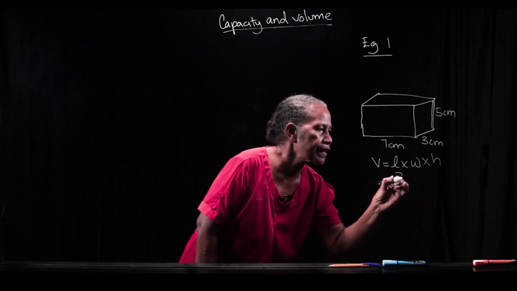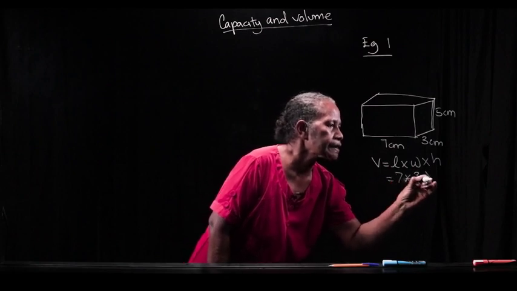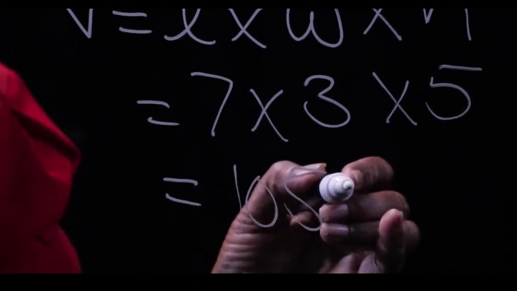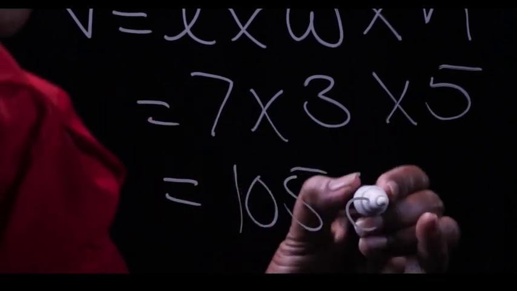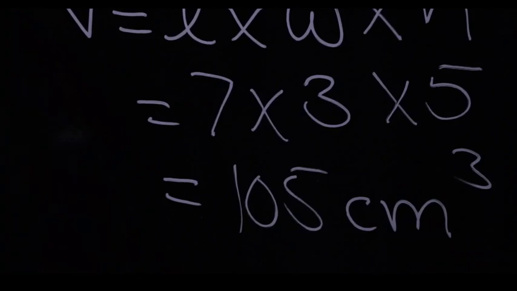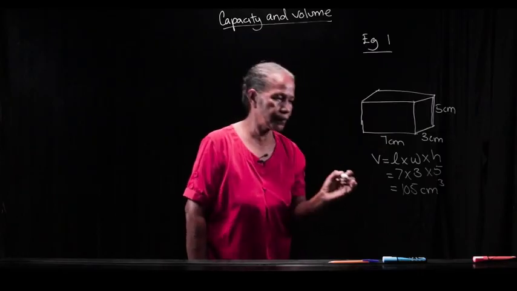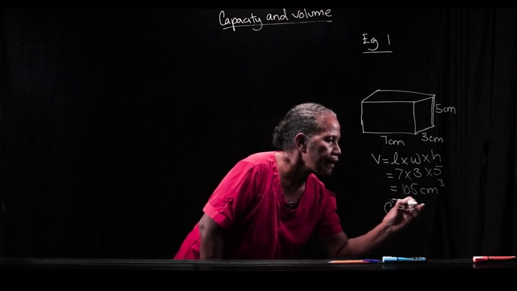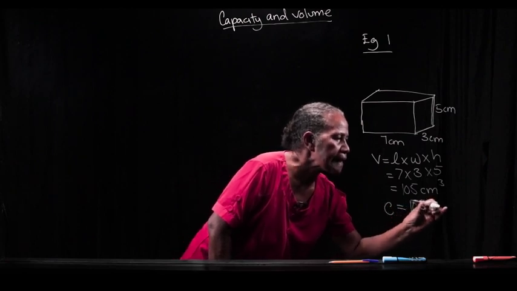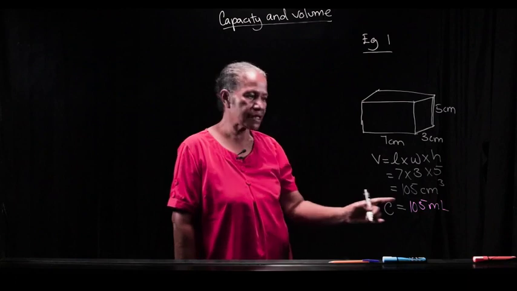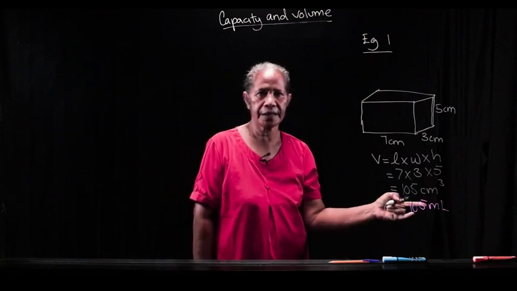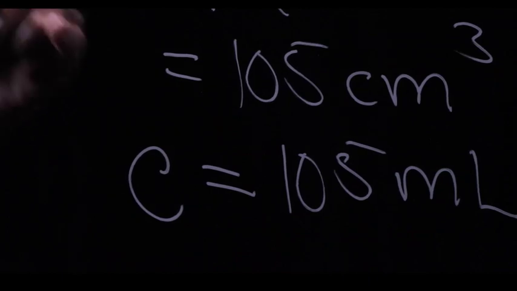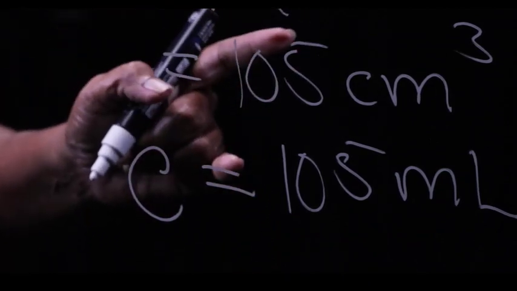So we have 7 times 3 times 5, which gives us 105 centimeter cube. The capacity is going to be the same, so the capacity is 105 milliliters, because 1 centimeter cube is equivalent to 1 milliliter.